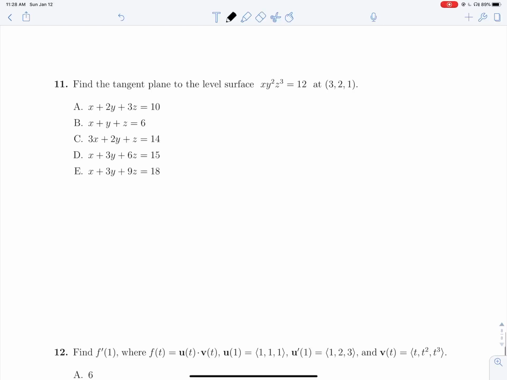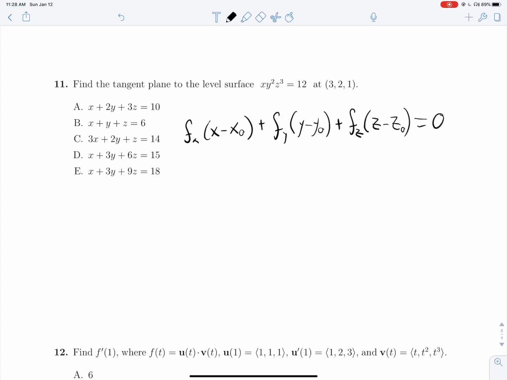Let's find the tangent plane to this surface at this point here. So our equation for this, because it's implicitly defined, it's not explicitly defined, is going to be fx times (x minus x naught), plus fy times (y minus y naught), plus fz times (z minus z naught) is equal to 0.